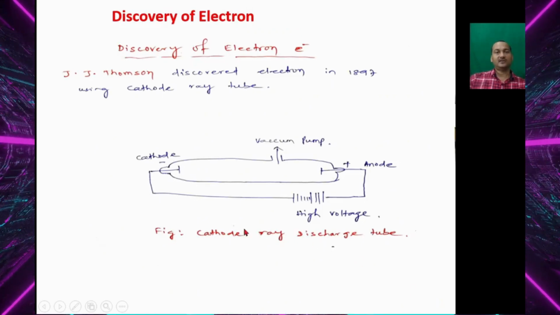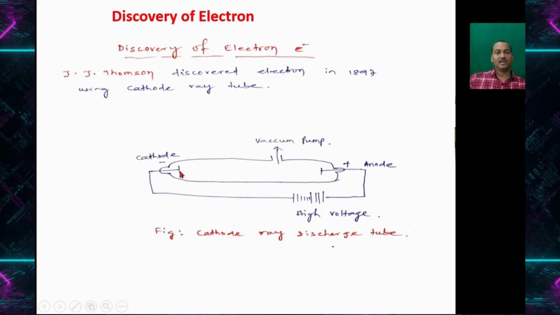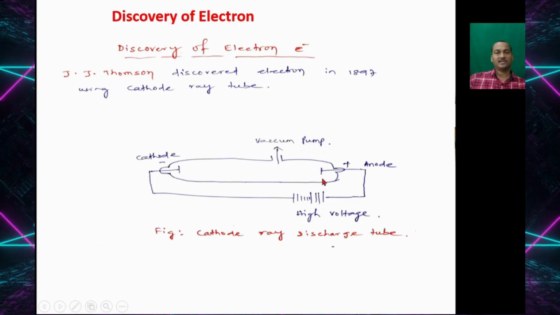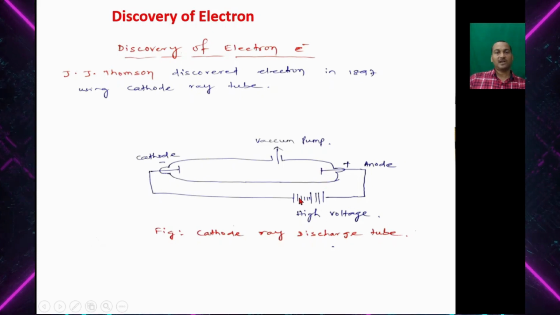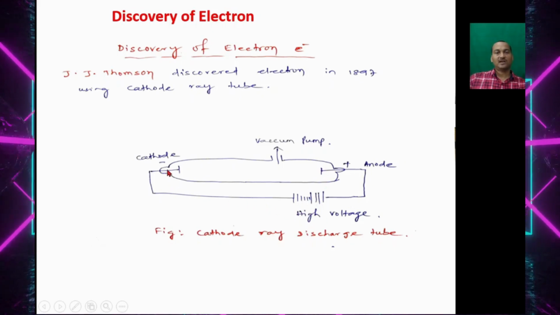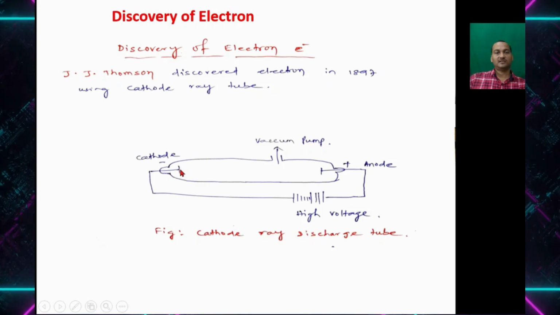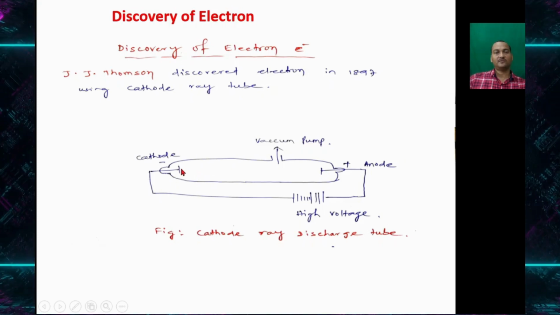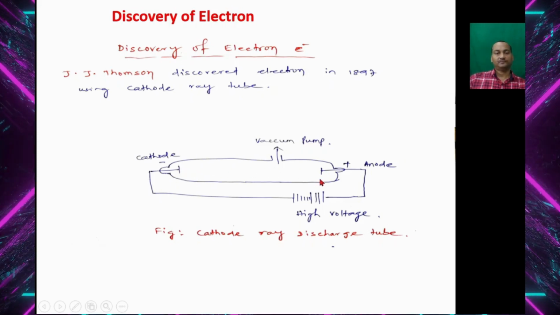This is the negatively charged electrode, the cathode, and the positively charged electrode, the anode. When you apply the high voltage, the cathode rays, or the electrons, start moving from cathode to anode.